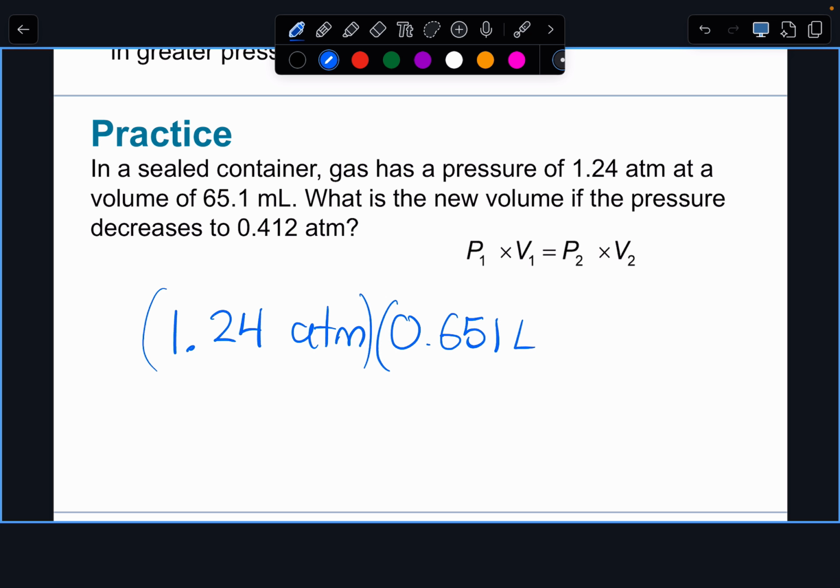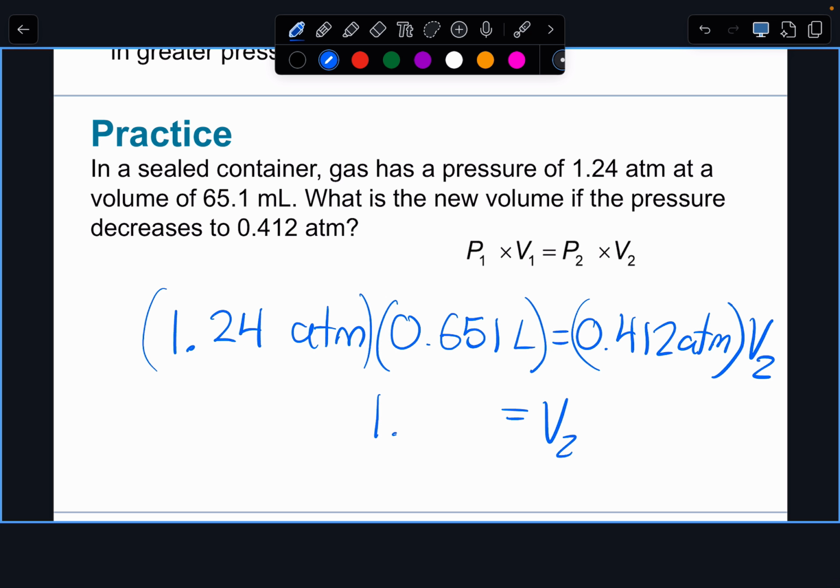Okay, so I am going to go ahead and put this in liters. There's my volume 2: 1.24 times 0.651 divided by 0.412. So V2 is 1.96 liters. Okay.